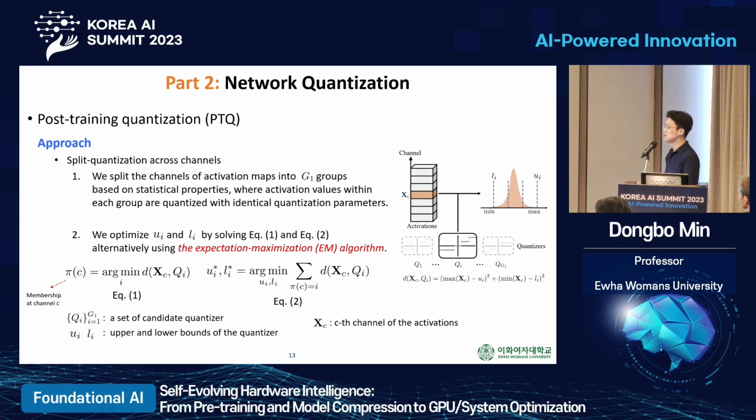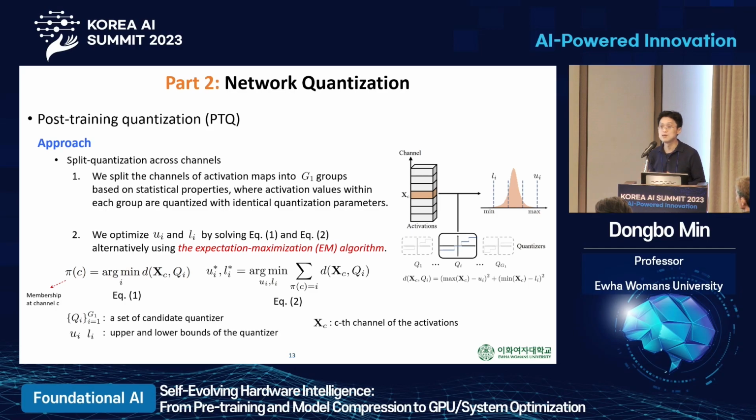Afterward, for each group, let's find the optimal upper bound and lower bound of each group using this energy minimization. And this objective function is max of x_c and upper bound and min of x_c minus lower bound. And this distance function, we can find this one. And this is not something like a learning process. This is just some simple optimization using expectation and maximization.